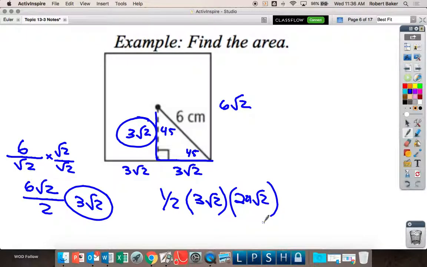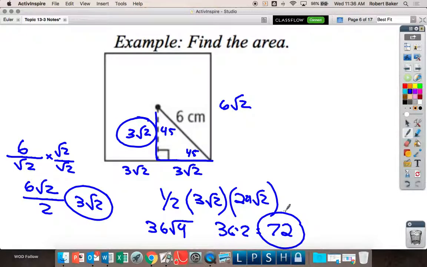So 1/2 times 24, 12. 12 times 3, 36. That's all my whole numbers. 2 times 2. What is the square root of 4? 2. So this is really 36 times 2, 72 centimeters squared.